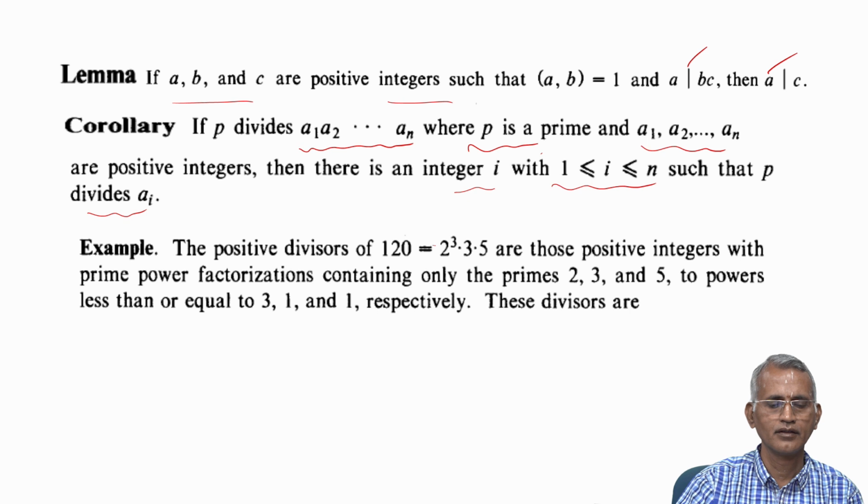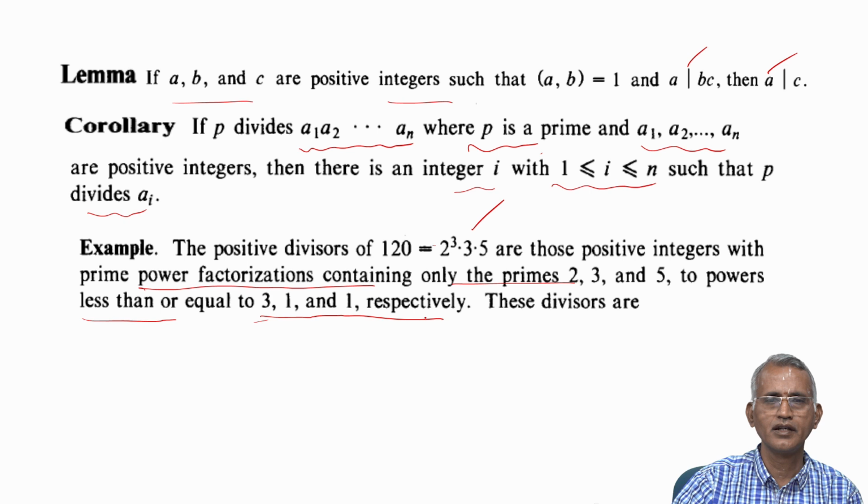For example, the positive divisors of 120, which can be written as 2 cube into 3 into 5, are those positive integers with prime power factorization containing only the primes 2, 3, 5 to powers less than or equal to 3, 1, 1 respectively.